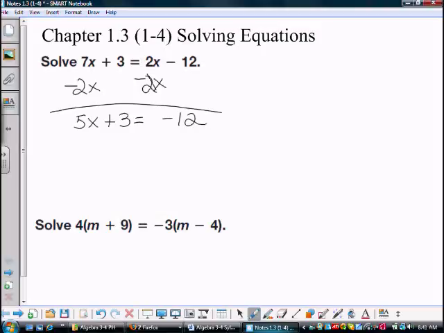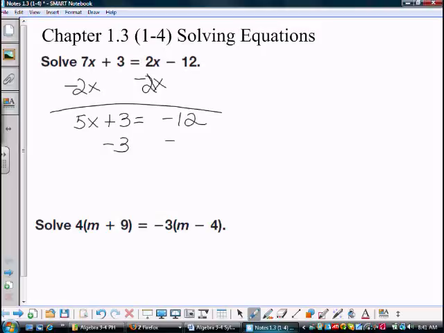Now, I personally would have done this all in one step. I would have also moved the variables, moved the constants at the same time, but we'll do it one step at a time. So now it's, pre-algebra still.